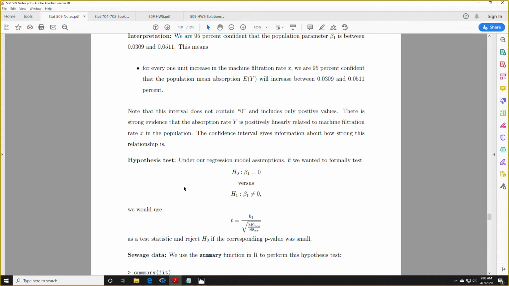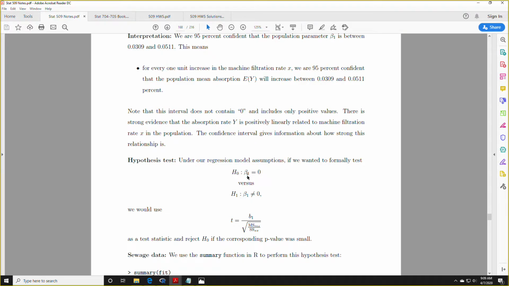So another thing that we can do to determine if there's a relationship between y and x is, instead of looking at a confidence interval, looking at a hypothesis test that beta 1 is equal to 0.